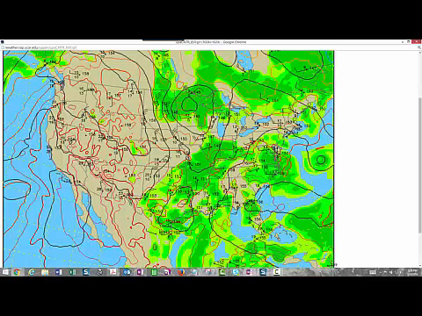Again, you have to look at these wind directions and wind speeds and see how things are moving, because this is just a still shot, a snap in time, like I've said before.